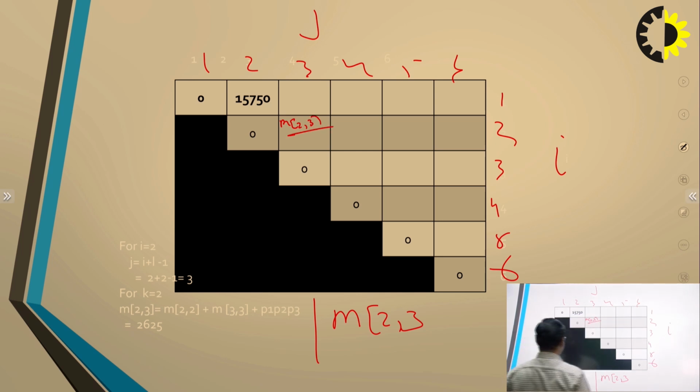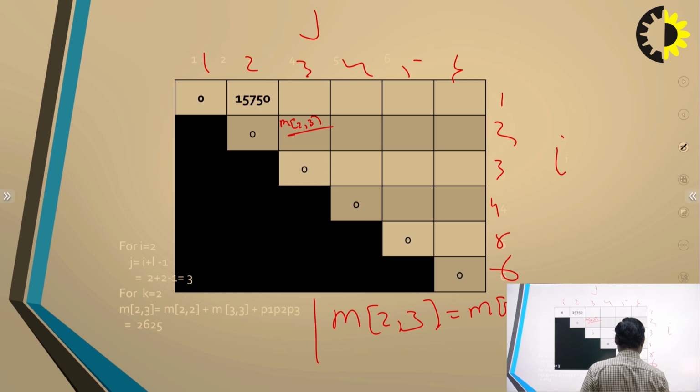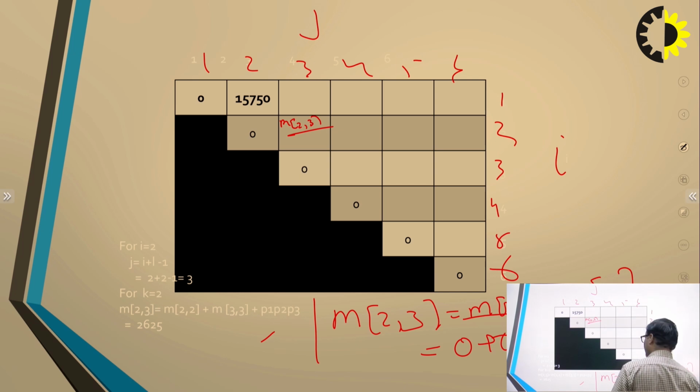For k equals 2, the value is M[2,2] + M[3,3] + p1 p2 p3. What is the value? 0, 0. Then again p1 p2 p3, we will get the value 2625. So here the value is 2625.